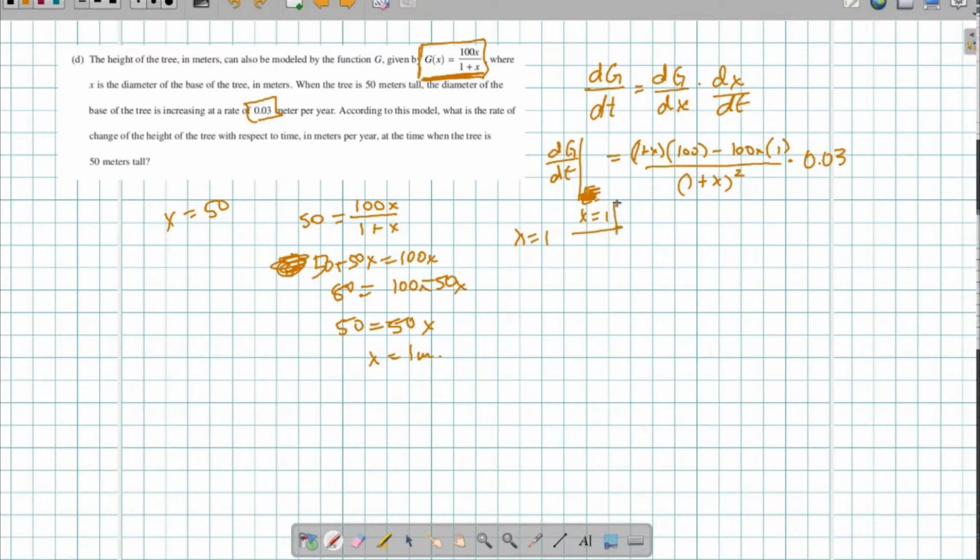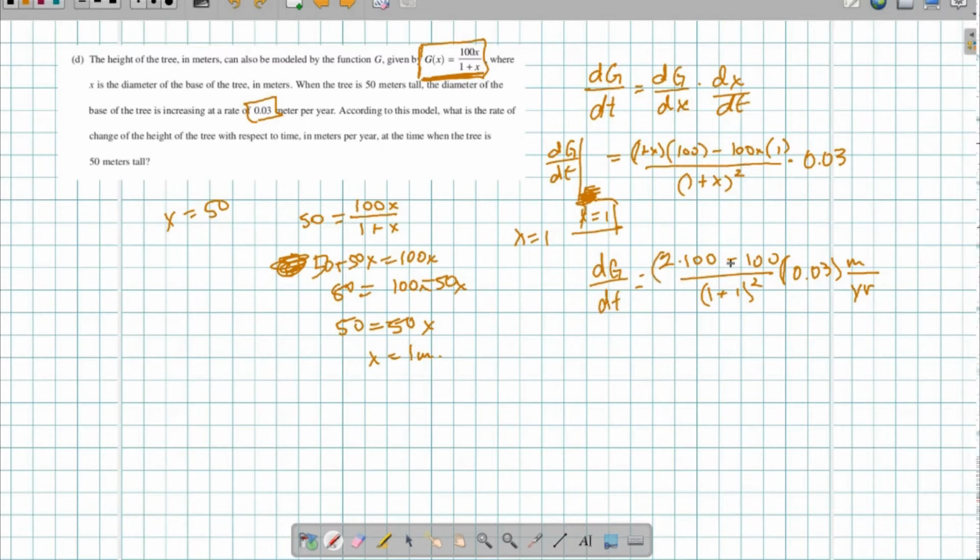And what's nice is x equal to 1 is something that's really easy to plug in. So dg dt is going to be equal to 2 times 100 minus 100 over 1 plus 1 squared times 0.03. And that's going to be in terms of meters per year, because it's a change in height over time.